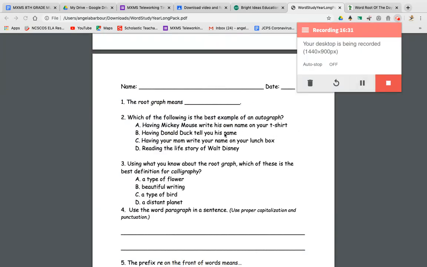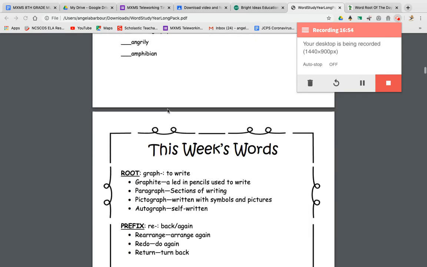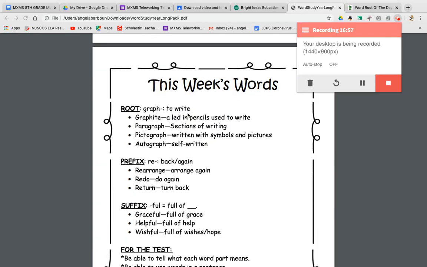So our last example we're going to look at is graph. When we think of graph, our mind probably goes straight to our math teacher's class, right? Graphing something. All right. So what are you doing when you're graphing something? Charting requires writing, right? So in the list of information that you may receive, it says graph means to write.